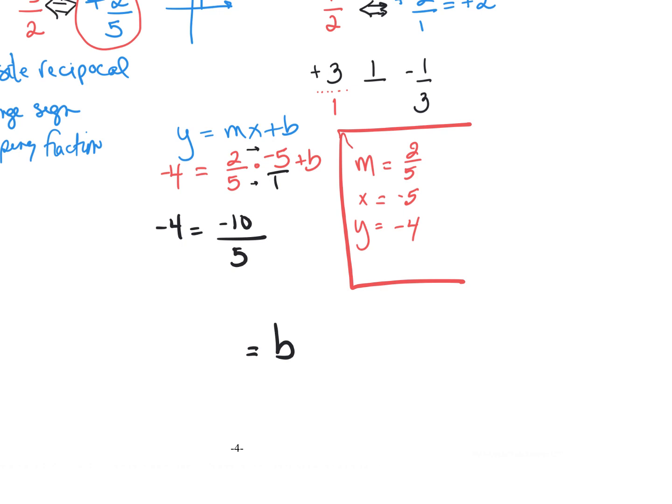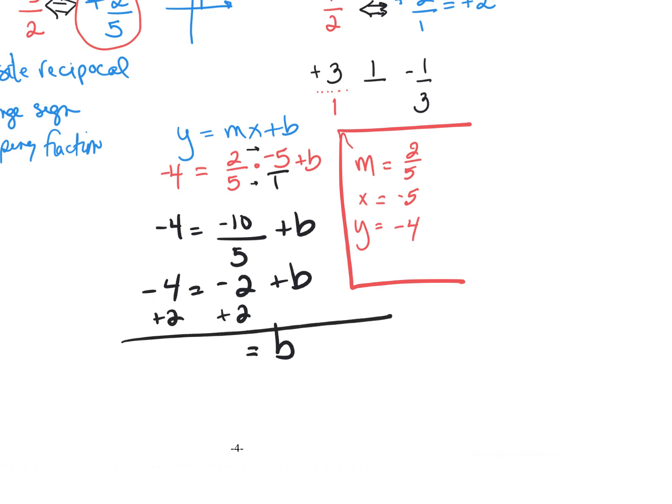The 2 times the -5 gives me the -10. The 5 times the 1 gives me the 5. And of course, -10 divided by 5 is -2. So my last step to solve for b is I need to add 2 to both sides to get b by itself. And so my y-intercept is -2, because -4 plus 2 is -2.